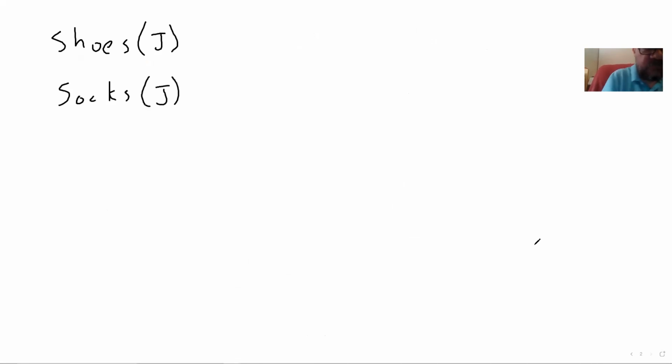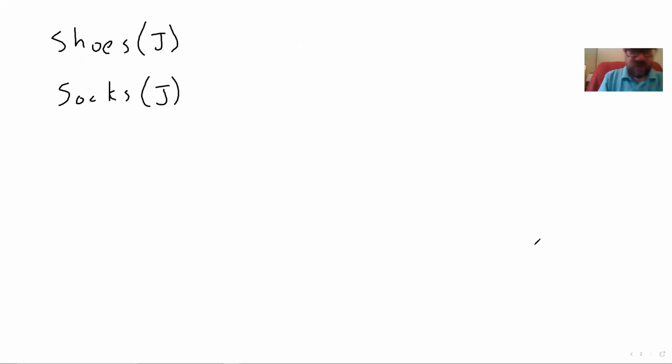So we're going to have shoes of J for Jeff, shoes of J and socks of J. In each case, it takes whatever state I'm currently in, that's J, and then it puts either shoes on my feet or socks on my feet, depending on which function we're doing.